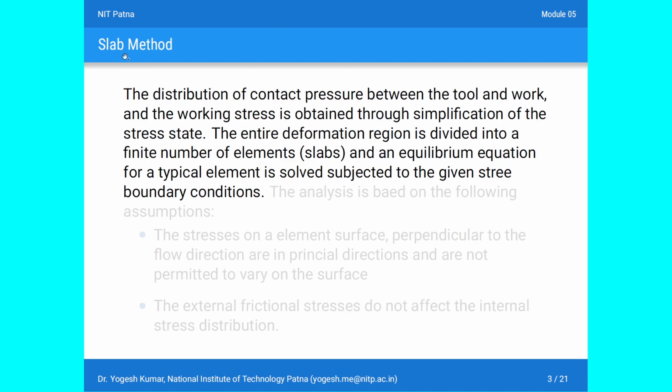As the name indicates, slab, it is a kind of analysis done on a slab portion, where the element shape is in the form of a slab. So in the slab method, the distribution of contact pressure between the tool and workpiece and the working stress is obtained through simplification of the stress state.